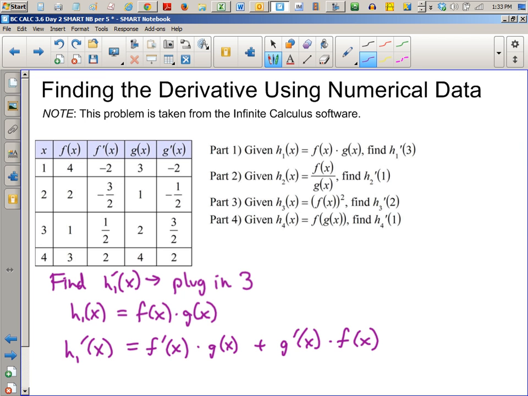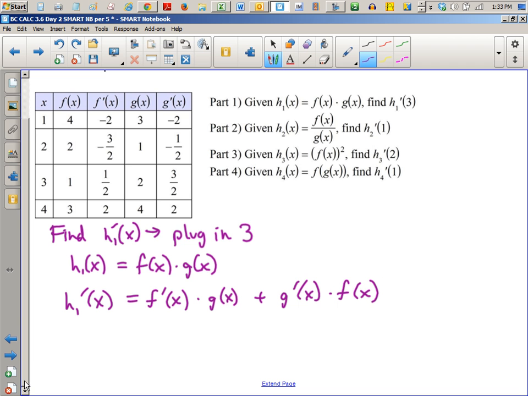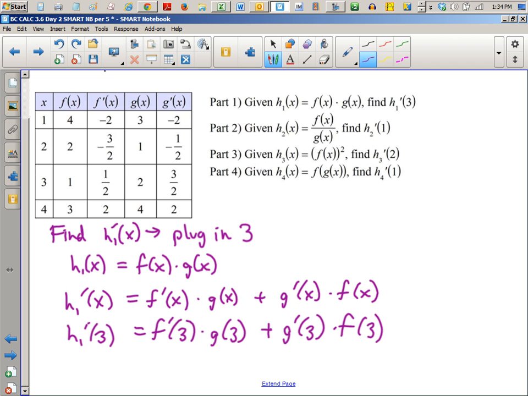Now we'll plug in 3 into this expression. So h1 prime of 3 equals f prime at 3 times g of 3 plus g prime at 3 times f at 3. See?